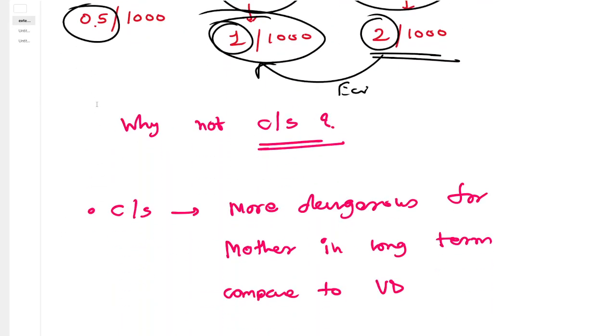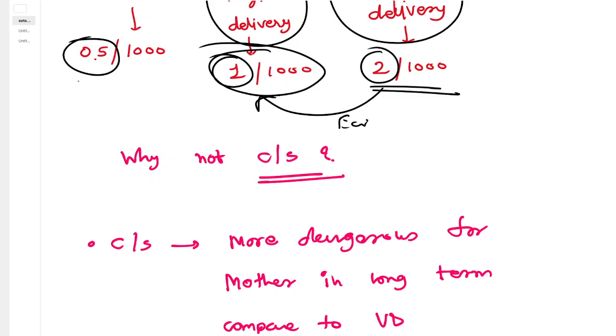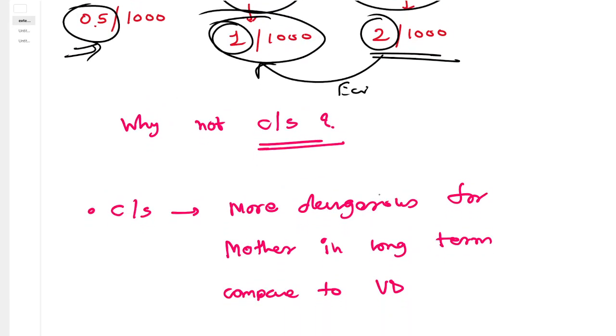Now, the question from the normal obstetrician, the student obstetrician, who says, why not go for cesarean if the perinatal mortality is 0.5? Why go through all these ECVs and then go for vaginal deliveries? Well, CS is more dangerous for the mother in the long term compared to any vaginal delivery, either breech or vertex.